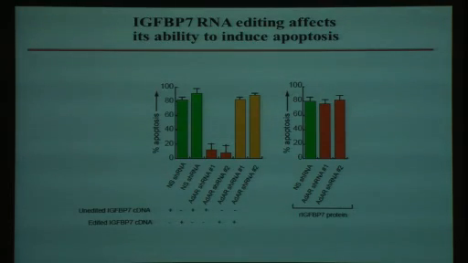However, edited IGFBP7, whether ADAR is present or not, can still induce apoptosis, indicating that RNA editing of IGFBP7 is required for its ability to induce apoptosis. This is proven further if you take a purified recombinant protein and add it to the cells, it can induce apoptosis, because you don't require editing once the protein is made.